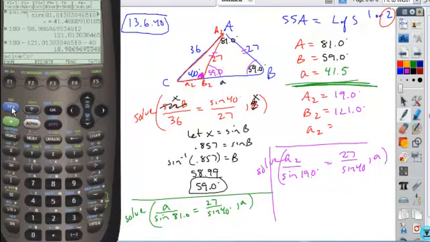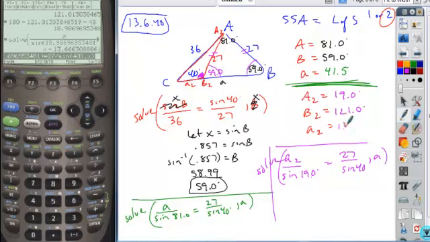The x divided by the sine of this angle, 19. Set it equal to my known ratio, 27 divided by the sine of 40. Close it off and solve for x. It'll give me my actual value, which is 13.7 approximately. And so those would be my measures.